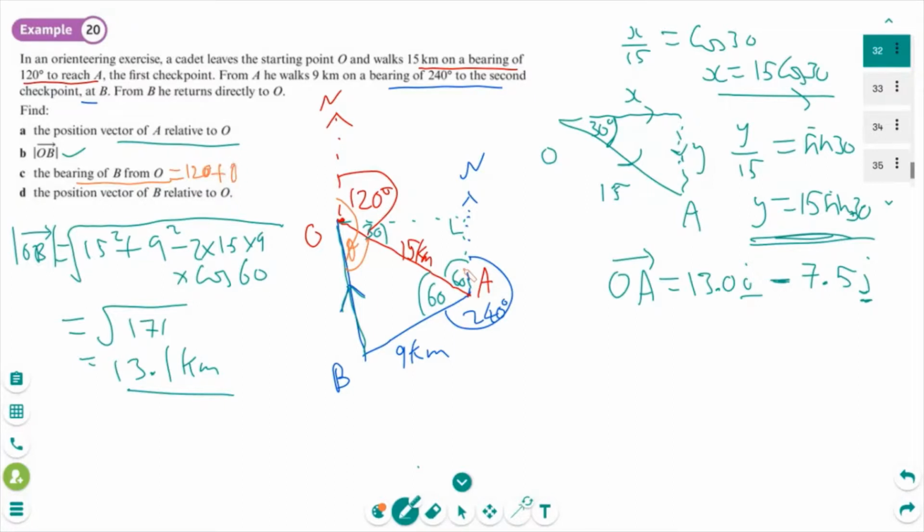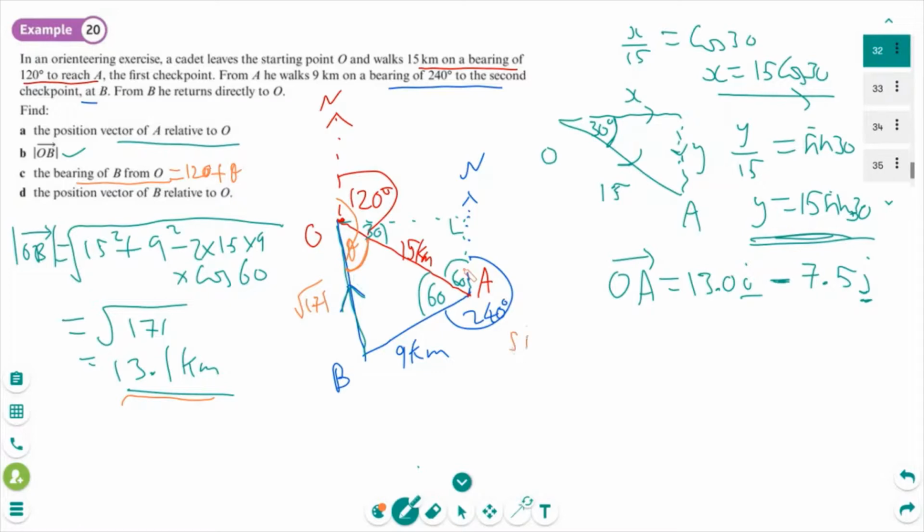In the triangle, we can use the sine rule because theta is opposite 9 and 60 is opposite the side we should use, root 171, to be precise.